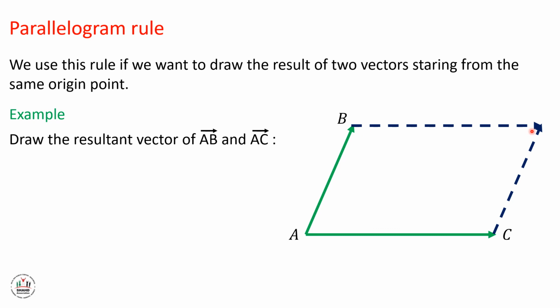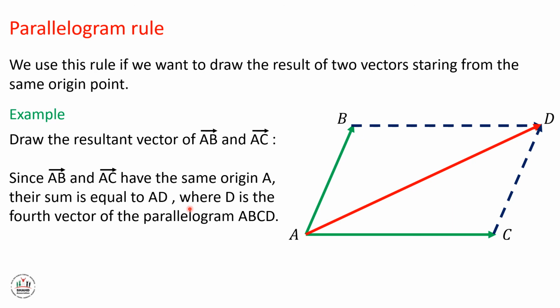The intersection of these two segments is the point D. Then the vector AD is the result of two vectors. So since vector AB and AC have the same origin A, their sum is equal to vector AD, where D is the fourth vertex of the parallelogram.